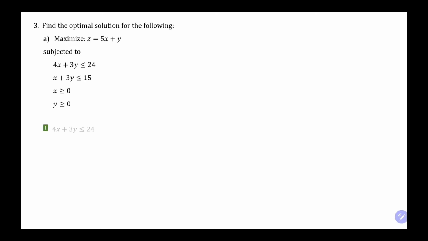First line, we have 4x plus 3y less than or equal to 24. Remember, we need to arrange positive y on the left side. So 3y less than or equal to 24 minus 4x. Then we find the intercepts: when x equals 0, y equals 8, and when y equals 0, x equals 6.